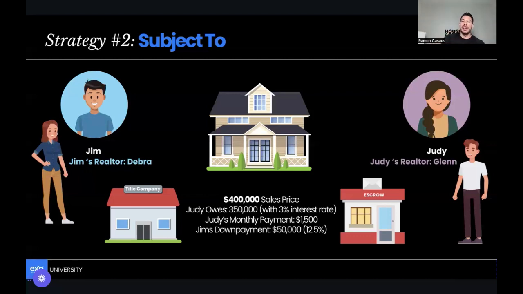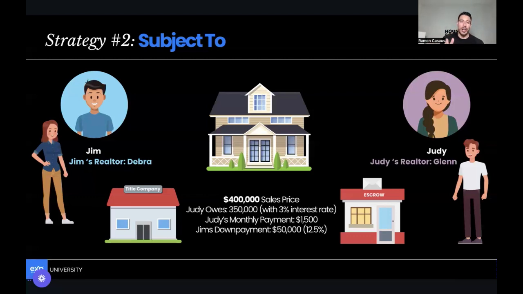So Jim is going to buy Judy's property by giving her $50,000 down and buying the property subject to continuing to make the $1,500 monthly payment at a 3% interest rate for an allotted period of time.